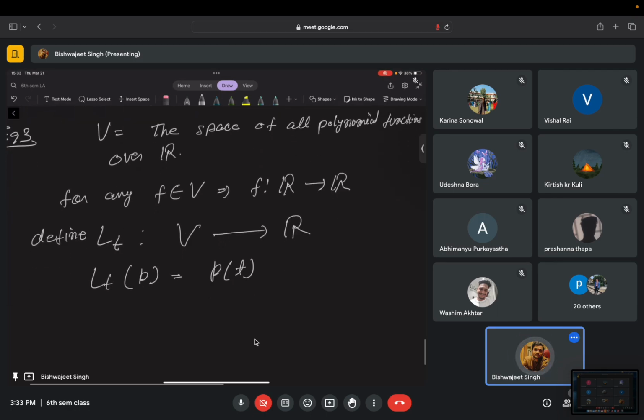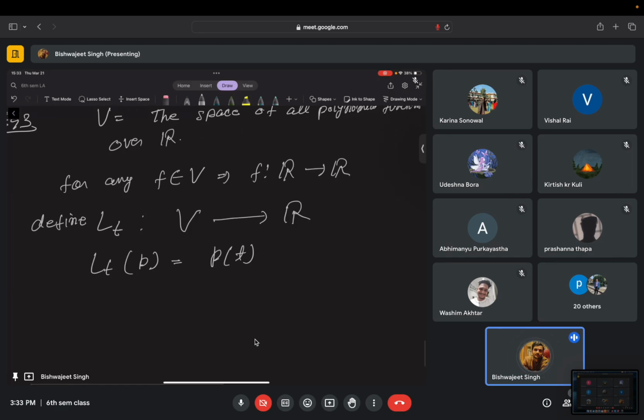So what we do is we define a linear transformation L of t, and it will take any element of V. What type of element does V have? V has polynomials, right? Because V is the set of all polynomials over R. So it will take some polynomial and calculate the value of that polynomial at this index t, right?